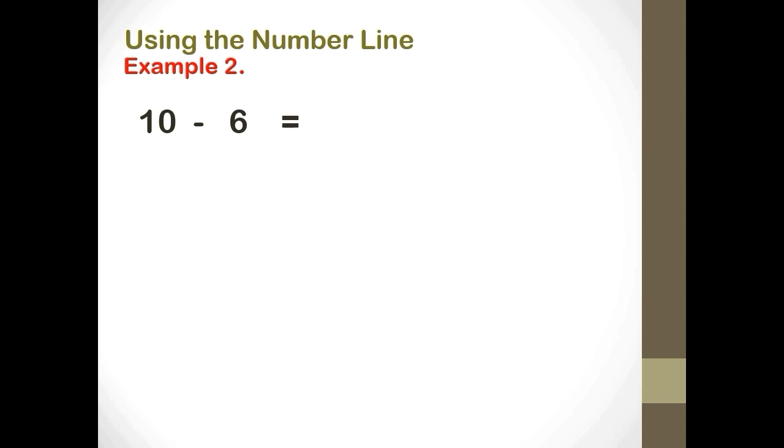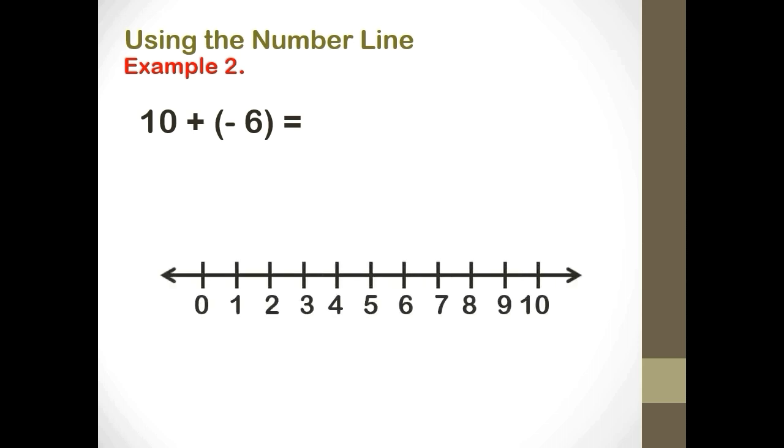This time, let us solve using the number line method. So still, we need to apply first the subtraction rules. We change the sign of the subtrahend. And we change the operation to addition. Then, we locate the first addend on the number line.